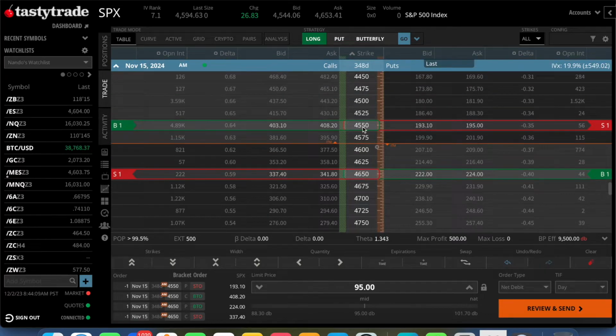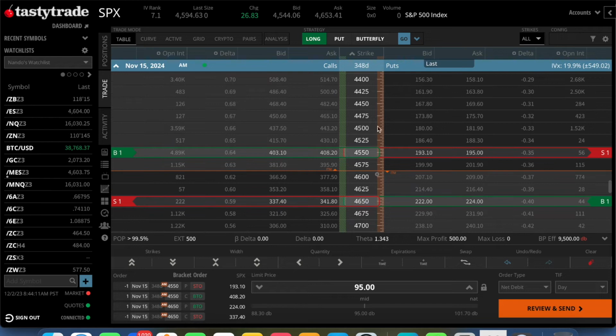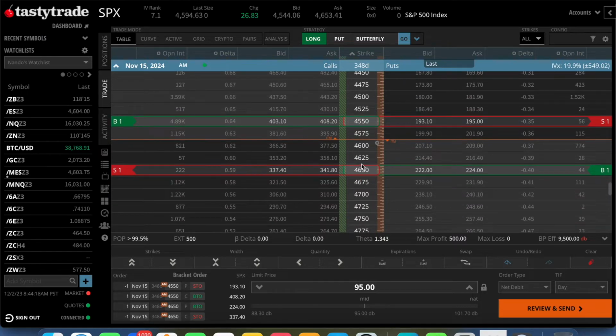And anywhere below 45.50, you're going to end up with $500 because the put vertical will expire at max value. Anywhere in between 45.50 and 46.50, each of these spreads will have intrinsic value. What I mean by that is, let's say that the price closes at 45.75, 348 days from today. All right. The call vertical will be $25 in the money. That's $2,500.